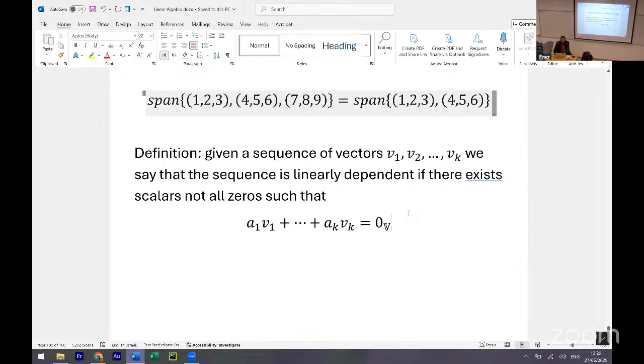Okay, so that's the definition of linear dependence. Let's do a couple of quick examples.